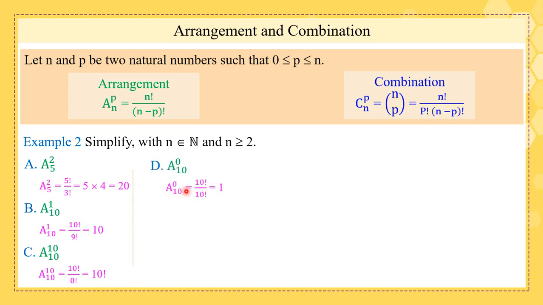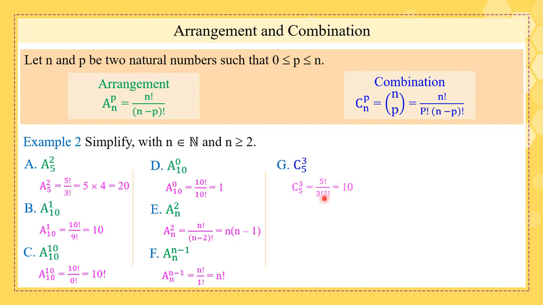So this quantity would be 10 factorial, and A(n,2) would be n factorial over (n minus 2) factorial, which is n times (n minus 1). And finally A(n,n minus 1), which is n factorial over 1 factorial, would be n factorial. Now let's go on talking about the combinations.